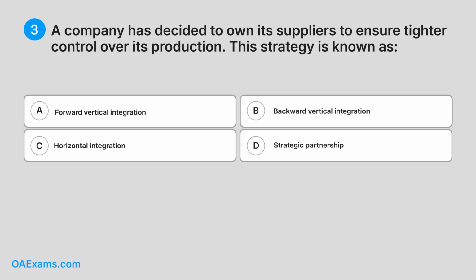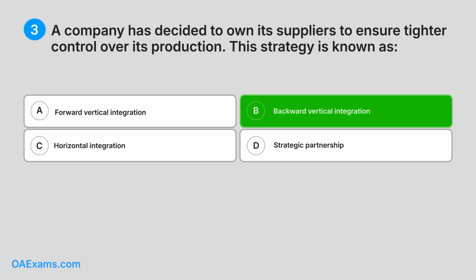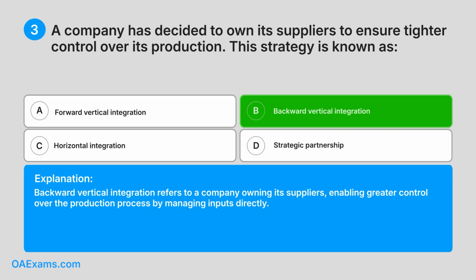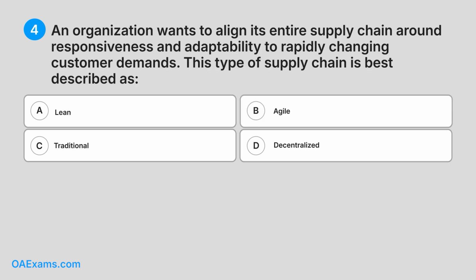Correct answer: B. Backward vertical integration. Explanation: Backward vertical integration refers to a company owning its suppliers, enabling greater control over the production process by managing inputs directly.